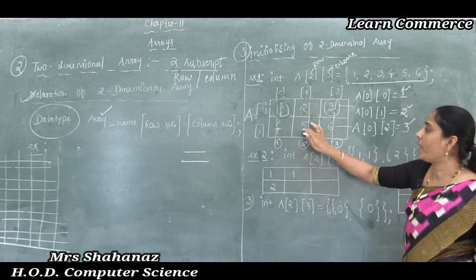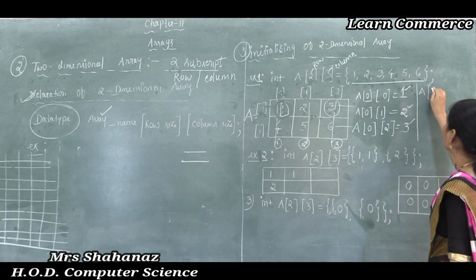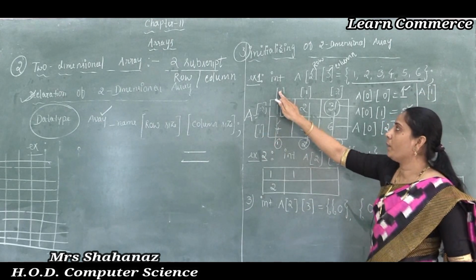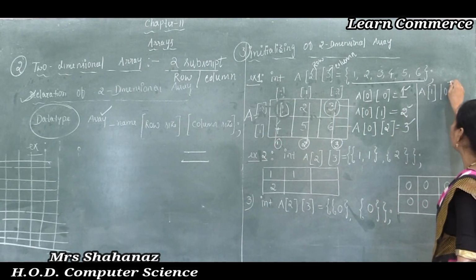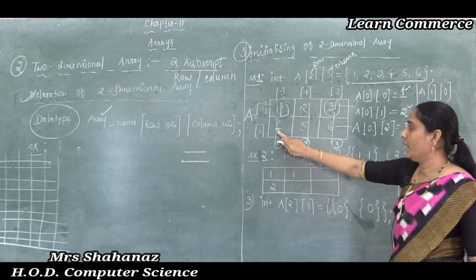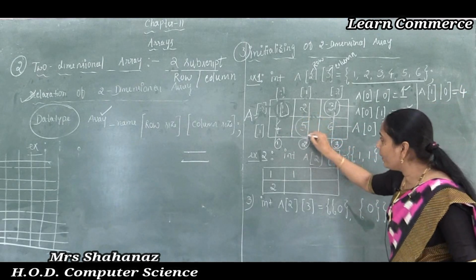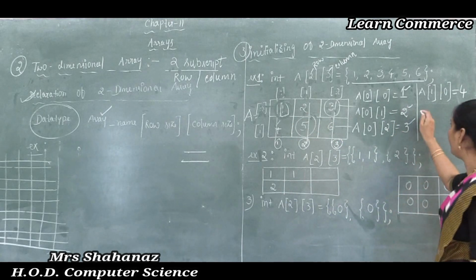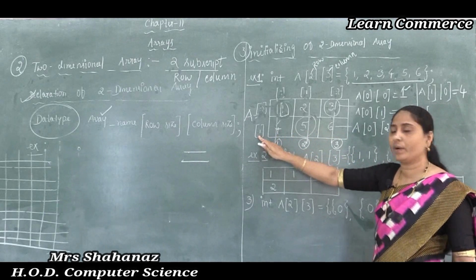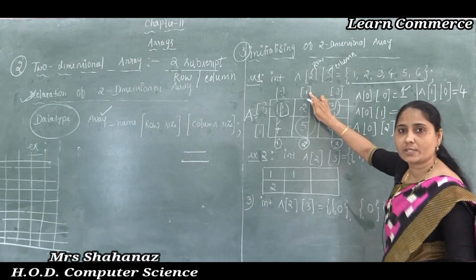And what about 4, 5, 6? How are we going to access them? For 4, 5, 6 we first use the row number. The row number is 1 and the column number is 0, to access the 4th element, the element 4. To access the element 5, we use A of, first the row number, which is 1 in this case, and the column number is also 1.